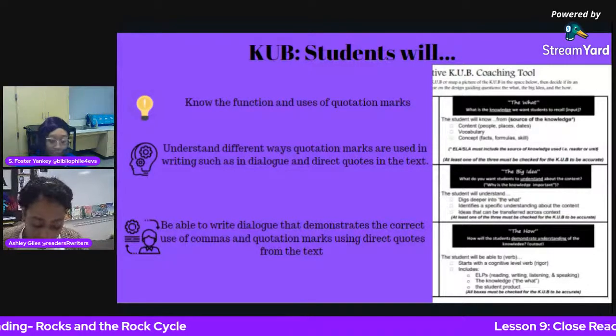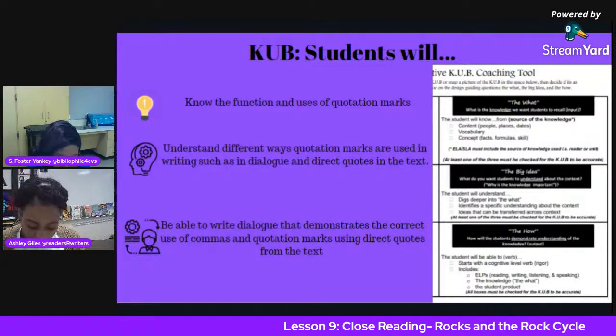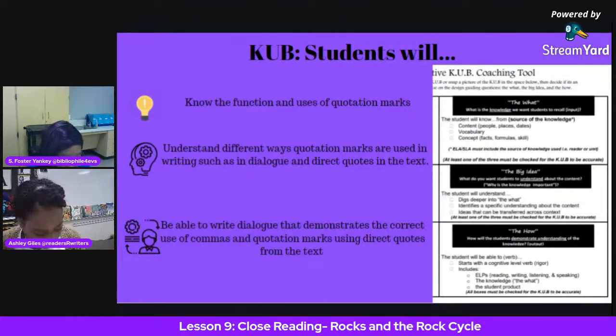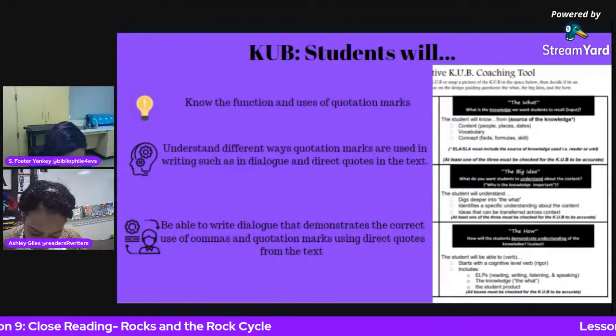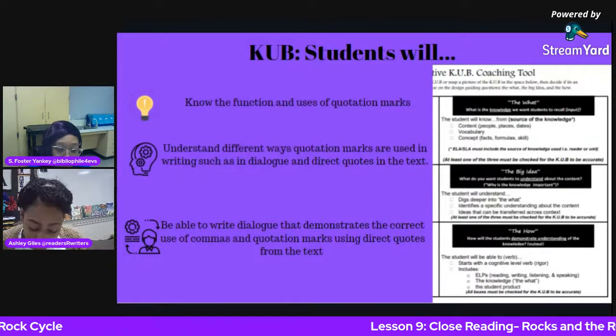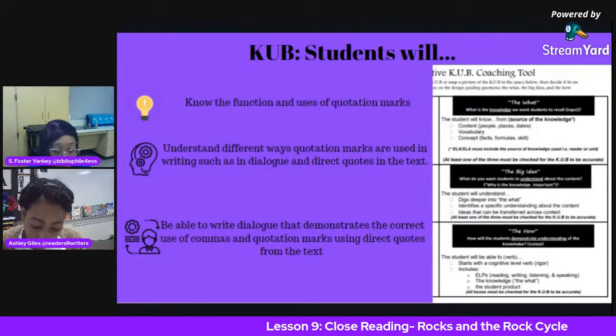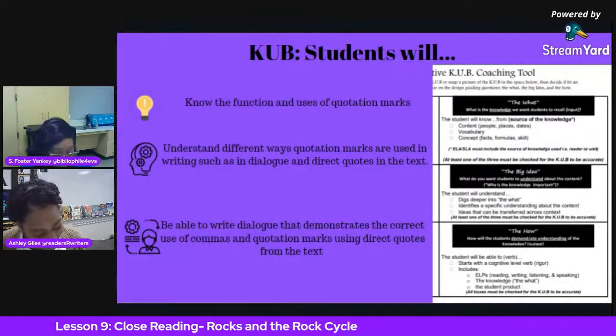Let me see where it is. What page? I know there was one lesson where it talked about split quotes or something like that. It's this one. That confused me. So maybe that's why this one needs some revision.